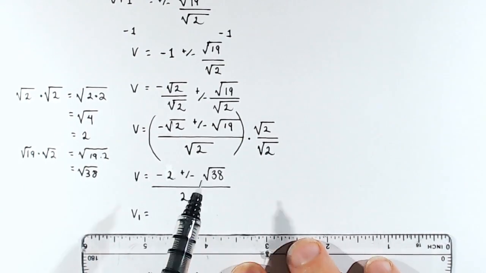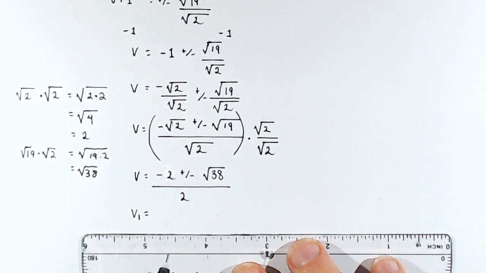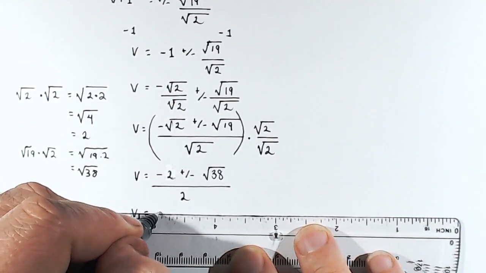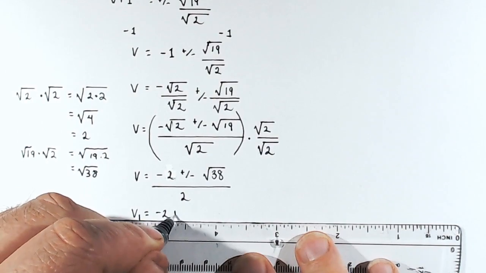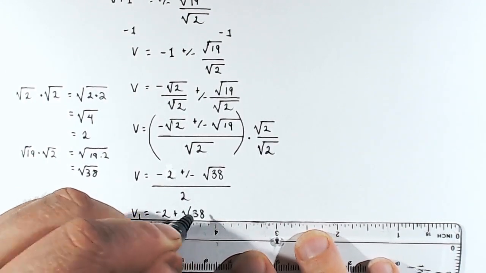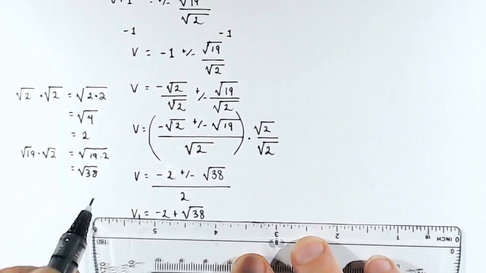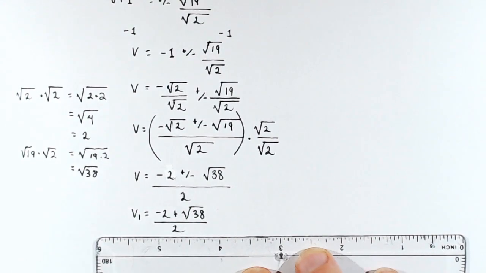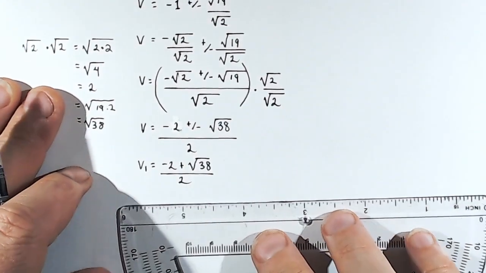V2 will be negative 2 minus square root 38 over 2. Okay, all over 2. So let's do the first one. That's negative 2 plus square root 38 all over 2. There's no further simplification possible.